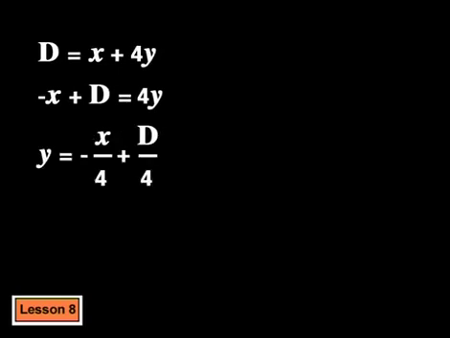So y equals negative 1x divided by 4 plus d divided by 4. This gives us an equation for a general straight line graph with a gradient of -1/4. But we don't know what the value of d divided by 4 is.